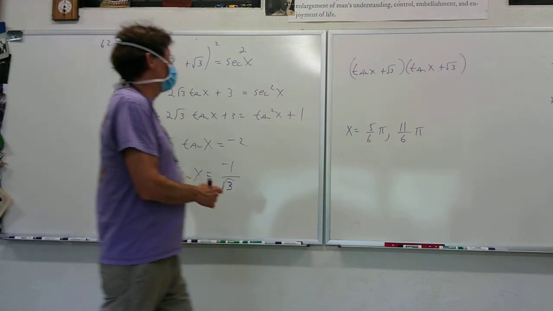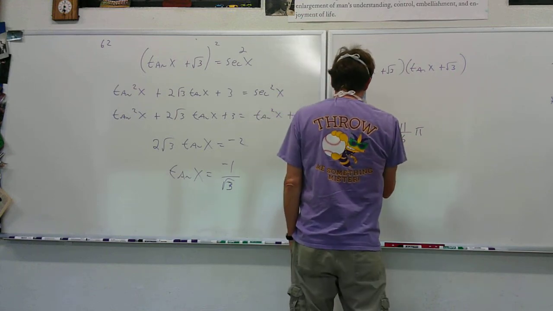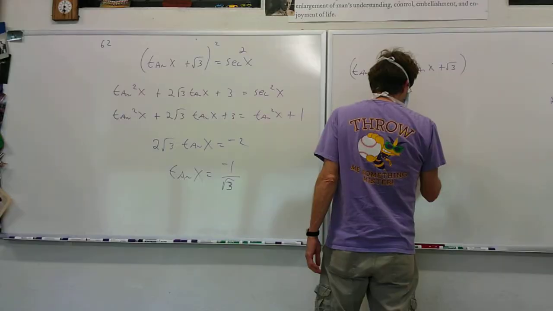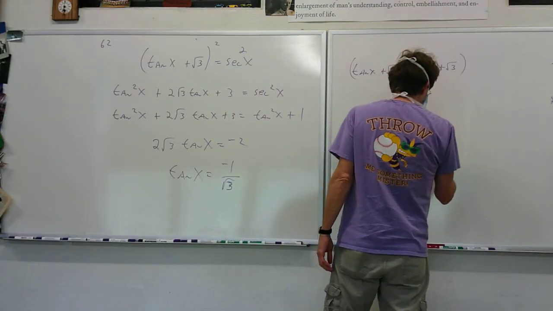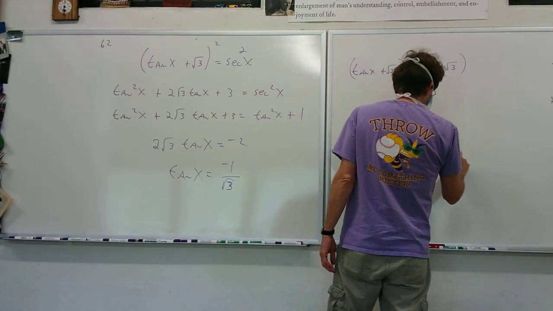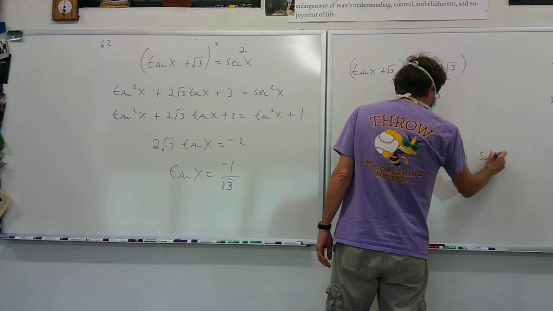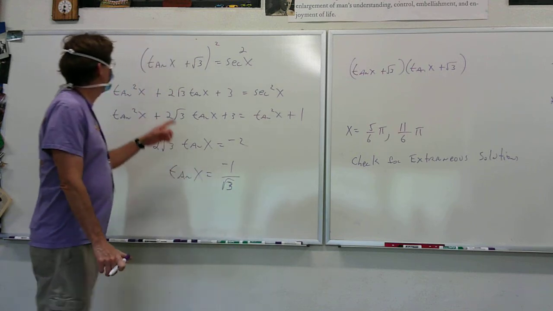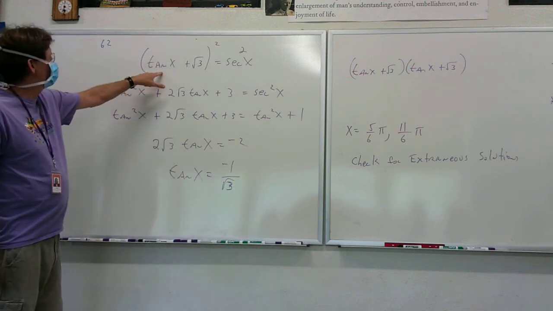You have to check for extraneous solutions when you square both sides. And I'm going to show you why you have to do it. But anyway, you put 5 pi over 6 in there in the original.